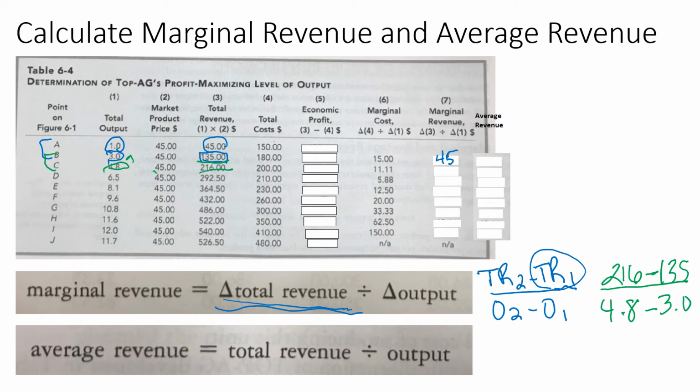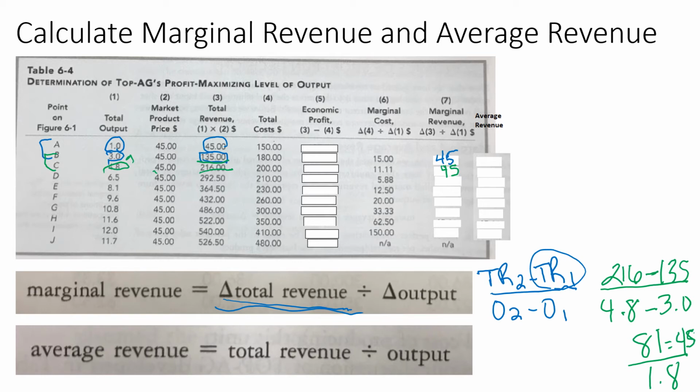So 216 minus 135 is 81, divided by 4.8 minus 3.0. 4.8 minus 3.0 is 1.8. So 81 divided by 1.8 is 45. So our marginal revenue again is 45. By producing and selling one more unit, we will make an additional $45.